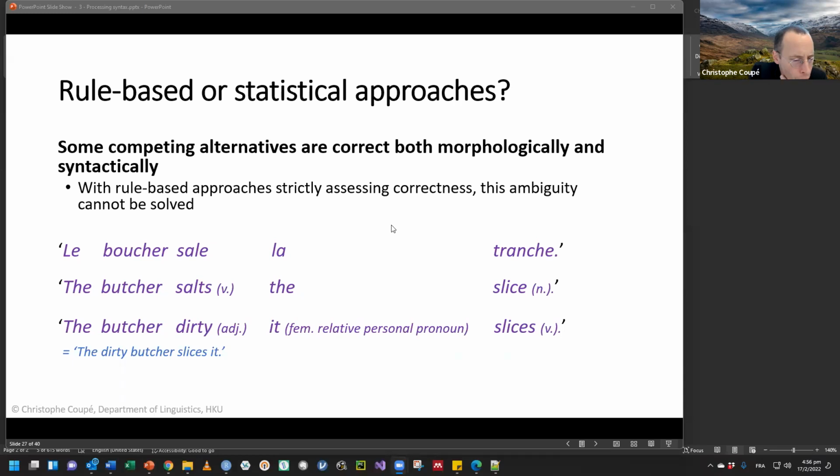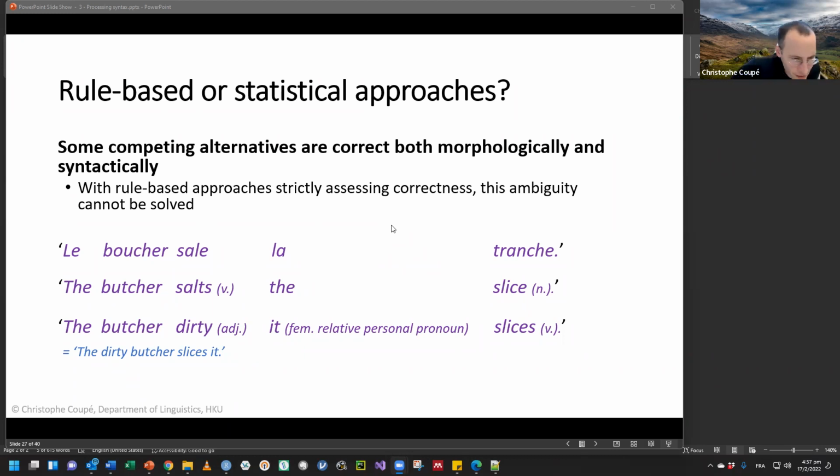Or actually another interpretation is le boucher sale, so the butcher who is dirty, because sale can be the third form singular of a verb, to put salt, basically, to salt something, but it can also mean dirty as an adjective. So it could be the dirty butcher slices it. And then tranche, this time, it's not a noun, it's not a slice, it's a verb. Slices, third person singular.